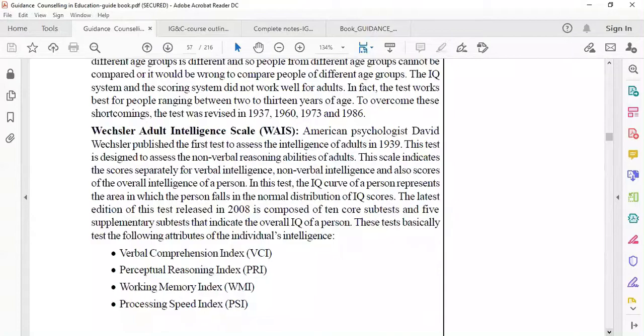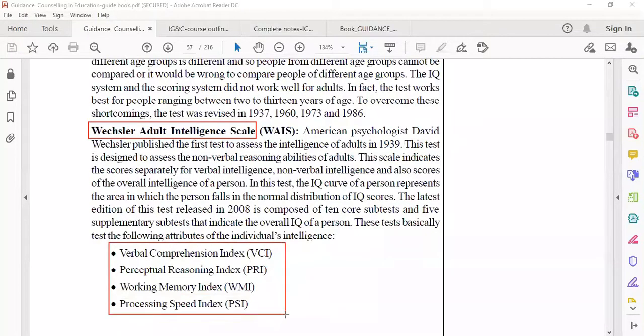Then there are other tests also. The Wechsler Adult Intelligence Scale is a scale developed by Wechsler. Wechsler, again, was an American psychologist, and he gave a test to assess the intelligence of adult people. This test consists of different components again: verbal comprehension, perceptual reasoning, working memory index, and other parts. All these tests have different uses and different implications.